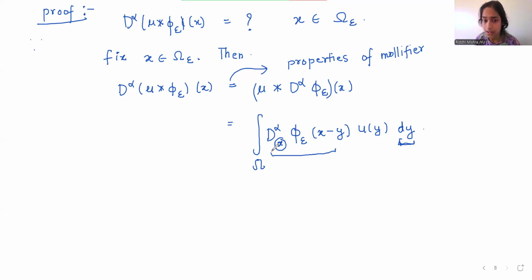I cannot use integration by parts now because the derivative here is in terms of x. To use the weak derivative notion, I need the derivative to be in terms of y.